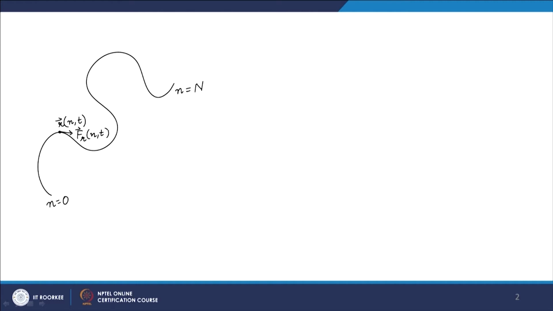If I divide by zeta, I call it random velocity V r.